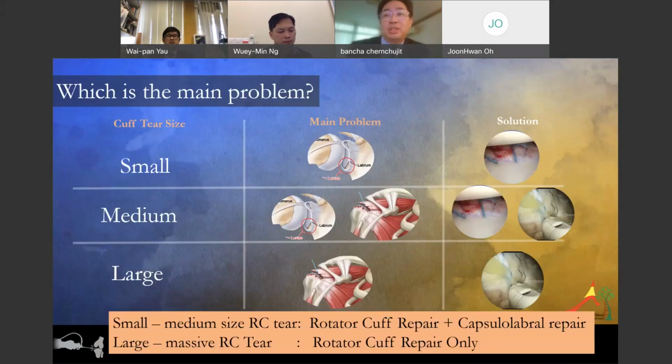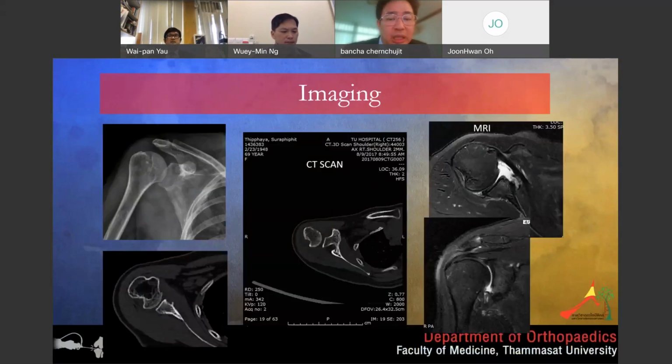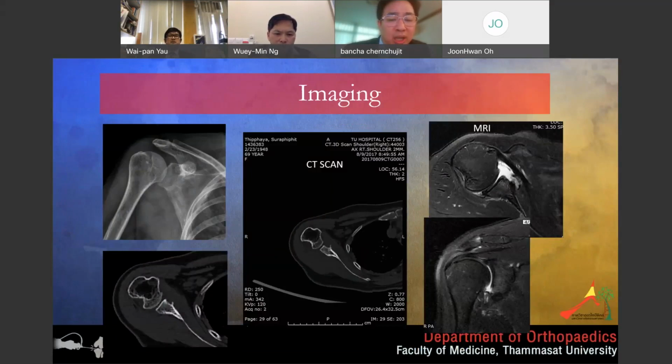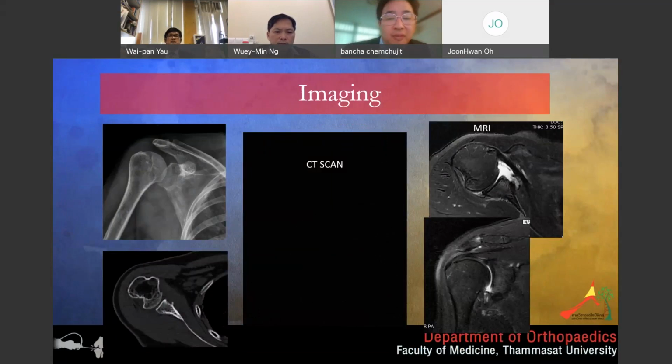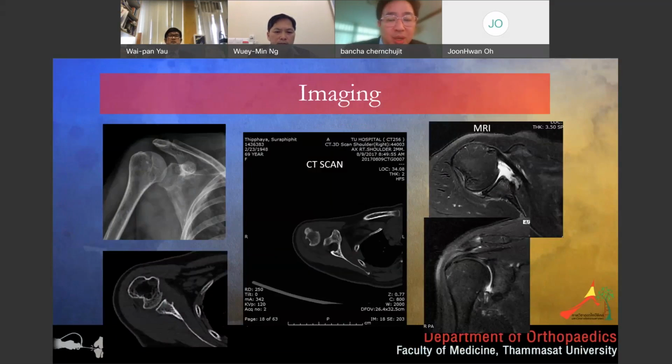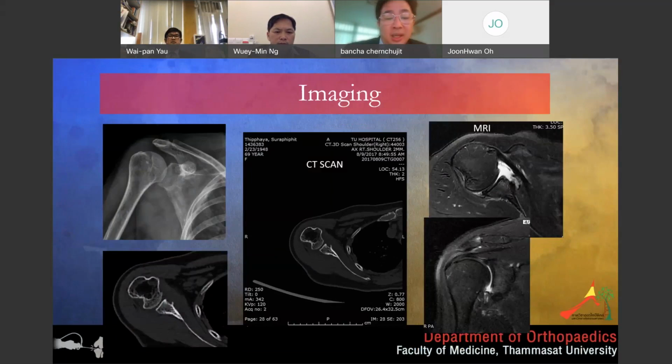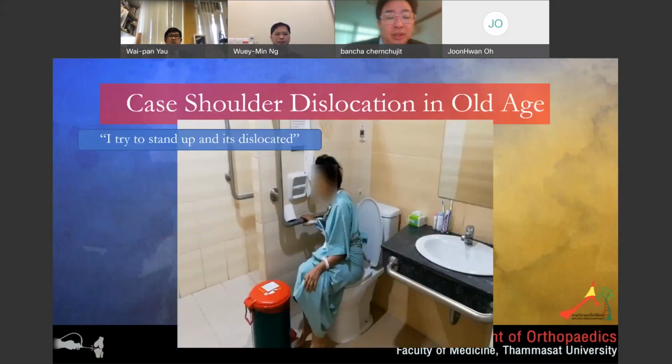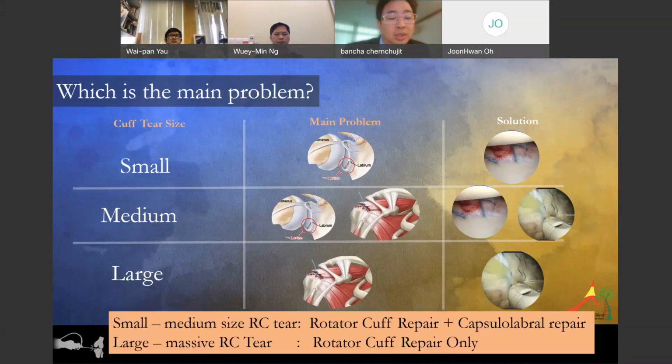So you need to think about what is your main problem. Okay, if the patient has a small size cuff tear, the main problem is the labrum, it's not the cuff. But if you have a medium-sized cuff tear, your main problem is both, the cuff and also the labrum. So if the patient has a medium-sized cuff tear, think about both problems, the labrum and also the cuff, okay, you need to fix both.